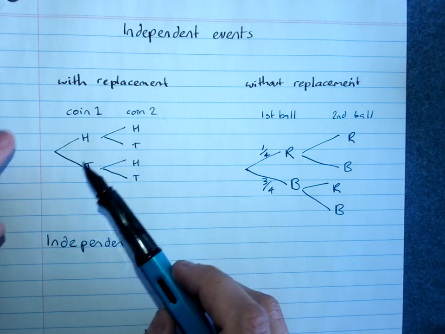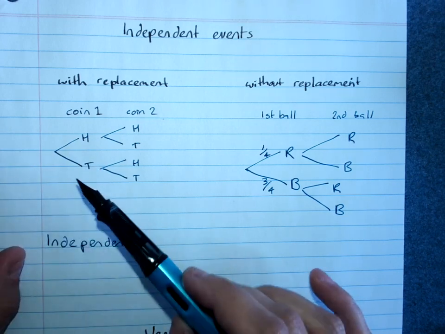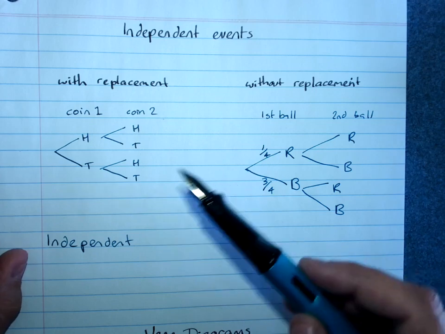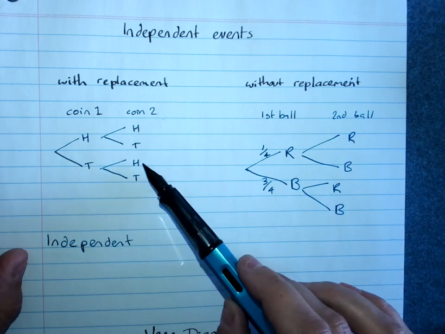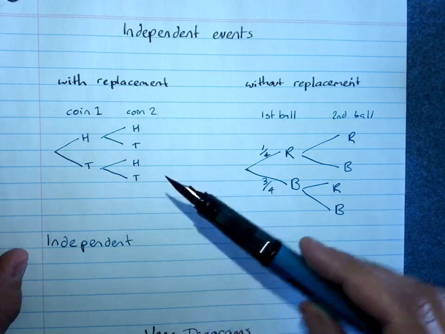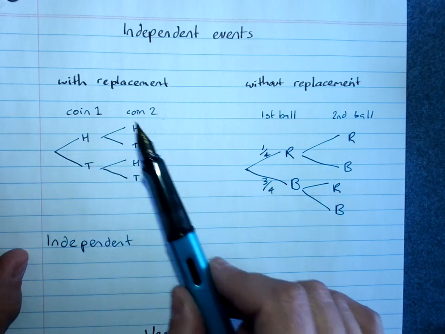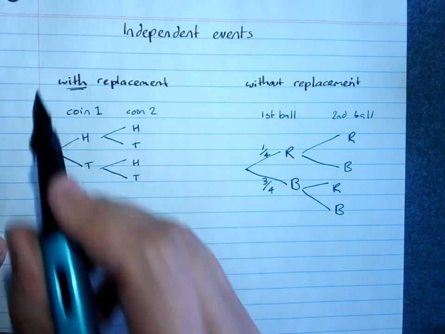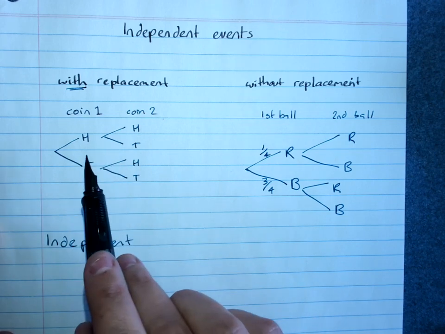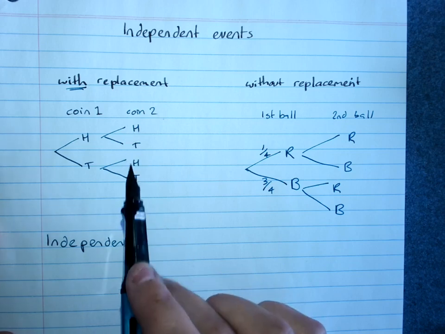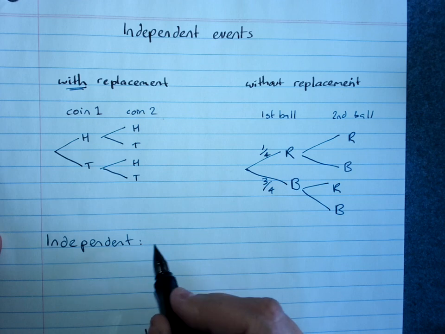Now when I've tossed the first coin and got heads or tails, as we know really well, that doesn't actually affect the probability of getting heads or tails with the second coin. Whatever's come before doesn't cause any change in the probability. So when we're looking at two events or multiple events, one after the other, if they're happening with replacement, or if it's a scenario like dice or coins, then the first outcome doesn't affect the probability of future events, and so these are independent.